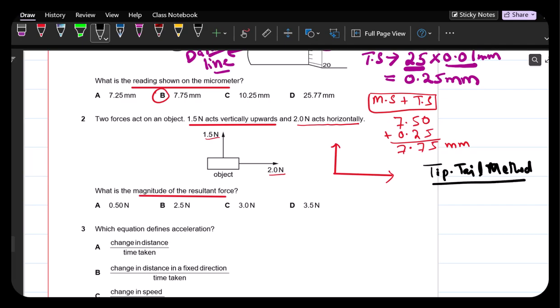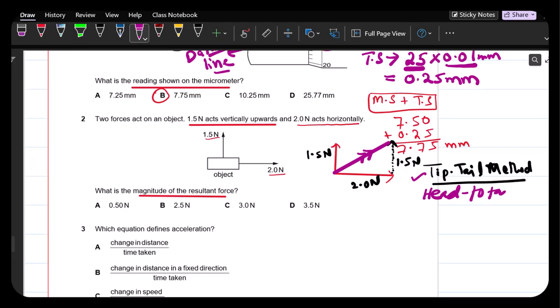So, I'm going to project this vector 1.5 Newton here. Dotted line I'm drawing. This is 1.5. Now, from the tail of this vector till the head of this is going to be the resultant vector. So this is the rule, tip-tail method, or you can say head-to-tail rule.